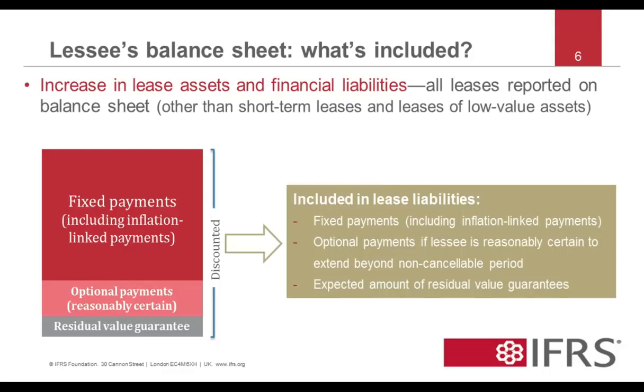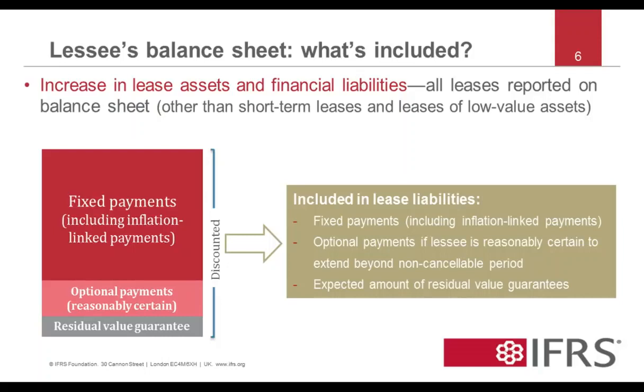The general principle applied under IFRS 16 is that the amount of the lease liability should reflect those payments that are economically unavoidable for the lessee. This means that several sorts of payments are included in the lease liability.